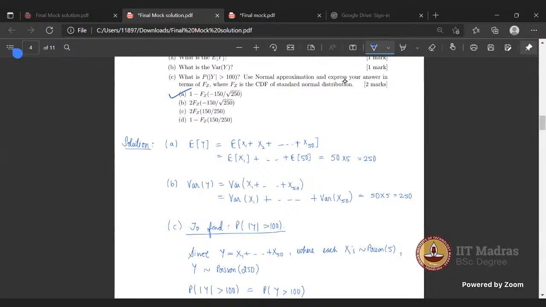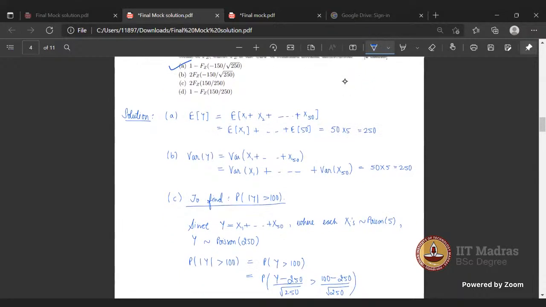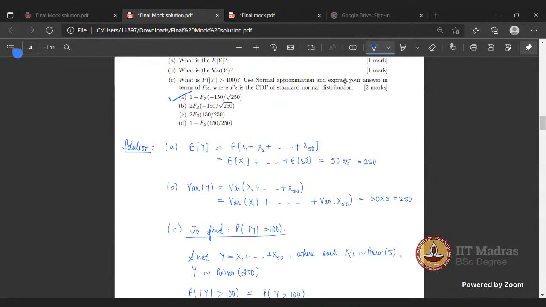No, B cannot be the correct option because see, here it is not symmetric. I mean, you will get one case to be y greater than 100 and other to be y less than minus 100. And if you solve it, you get something.